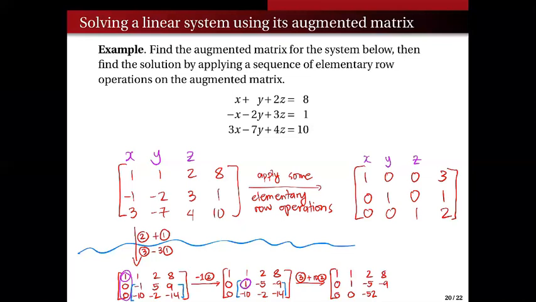And then negative 14 plus 10 times negative 9, that's negative 104. Okay? So this is a leading one, and all the entries below it are already 0. And then that's your step 4.